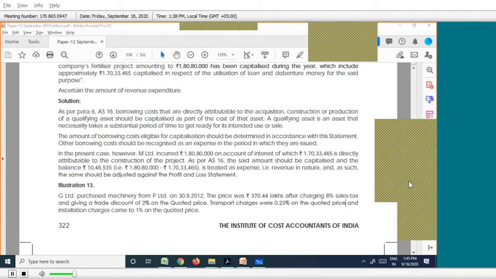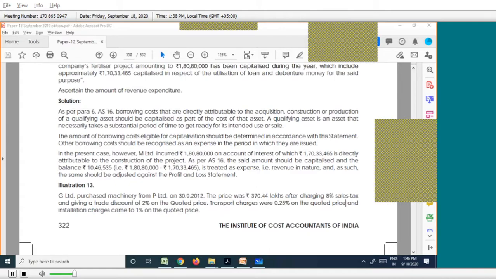Whenever I am purchasing something for my company, I am a customer, and I will ask for a quotation from my seller. Maybe A, B, C, D, three sellers. So the quoted price is the price offered by the seller to the purchaser. Got it or not?